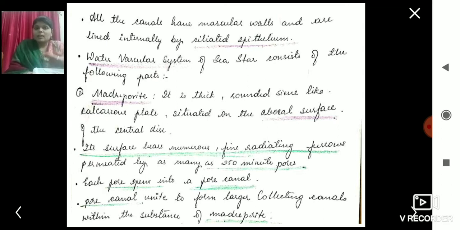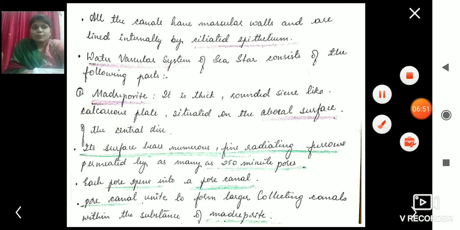Okay, water vascular system of the sea star consists of the following parts. Madreporite is a thick, rounded, sieve-like calcareous plate situated on the aboral surface on the central disc. So as we have discussed a little earlier also, it is present on the aboral surface. Its surface bears numerous fine radiating furrows permeated by as many as 250 minute pores.